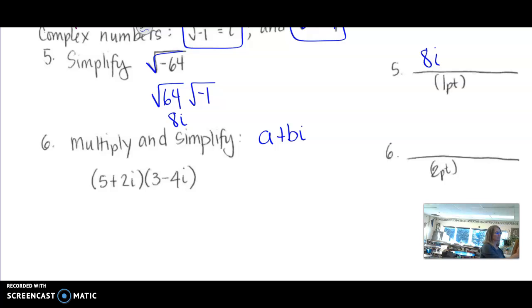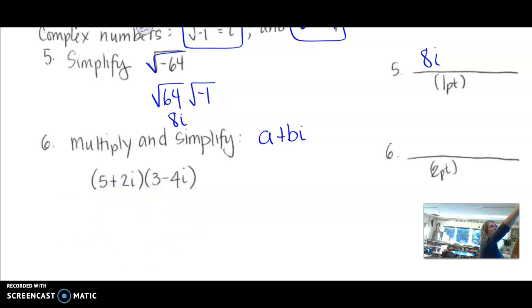So these are two examples of complex numbers, 5 plus 2i. The a in that case is 5, the b is 2. This is the real part, and the 2i is the imaginary part. Together, it makes up a number called a complex number. 3 minus 4i is also a complex number.